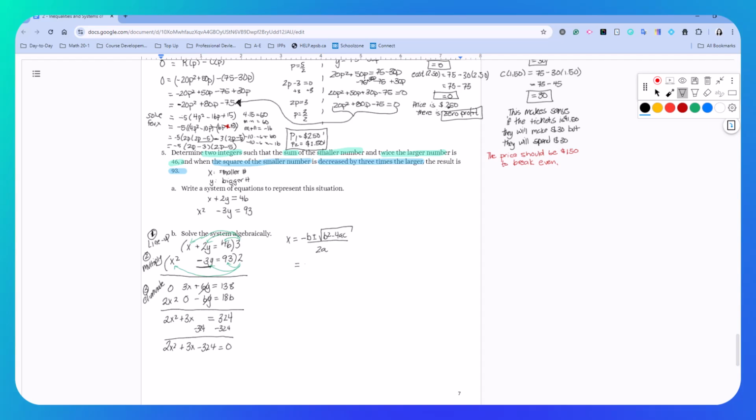So here we're going to get negative 3 plus or minus the square root of b squared, that's 3 squared, minus 4, times a, which is 2, times c, which is negative 324, all over 2 times a, which is 2 times 2.